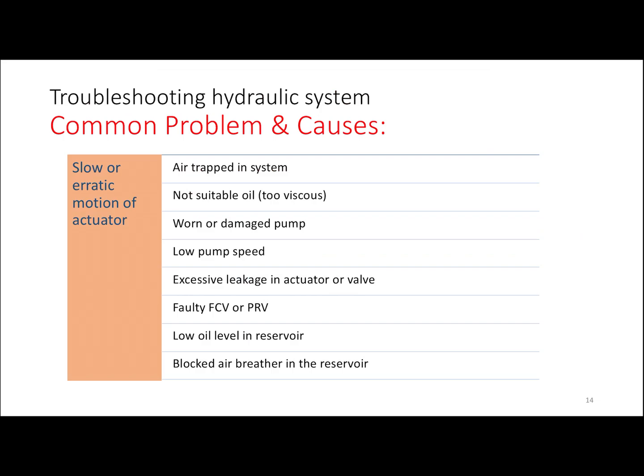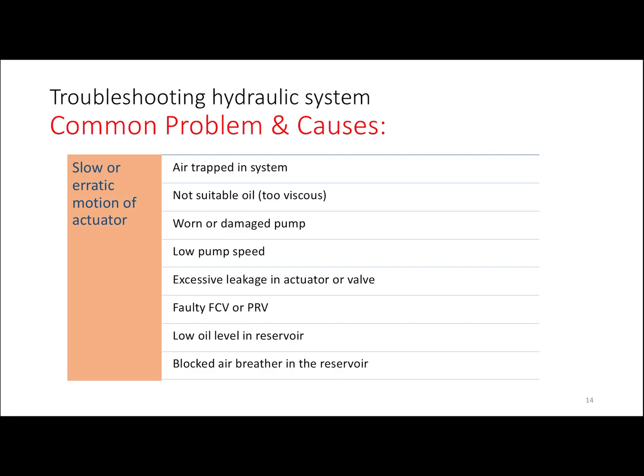And then the oil is not suitable, for example, too viscous for a small actuator, which will give us slow or erratic motion. Another cause is because of worn or damaged pumps, of course it will not provide good pressure. Another one is the speed of the pump is very low, which is not suitable for the actuator or for the load itself.